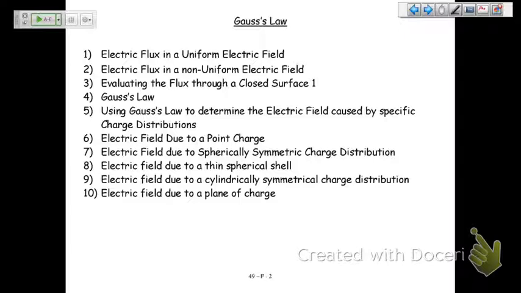So we're going to learn how to talk about and quantify the number of field lines using some kind of rules. Then we're going to use those ideas to develop Gauss's law, and then use Gauss's law to solve some problems. Highly symmetrical problems, but we're going to solve some problems.